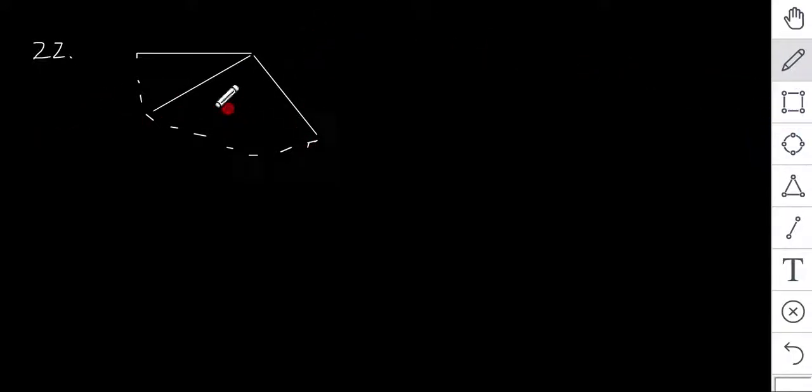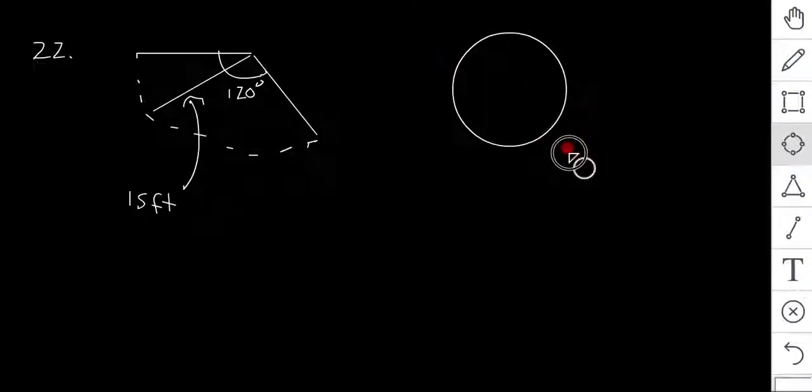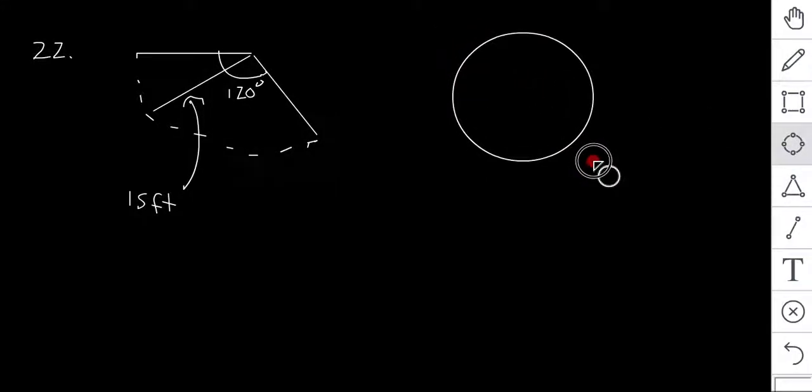Okay, they're saying that this line right here is 15 feet, and that this whole angle from here to here is 120 degrees. We have to find the area of that. If you think of this as a part of a circle, it helps you do the problem. So I'm going to do my circle. There's my circle.